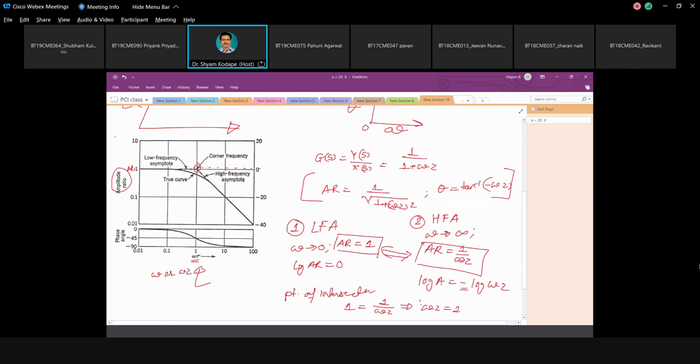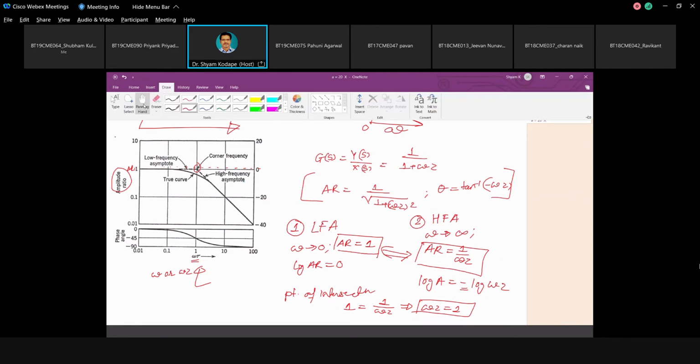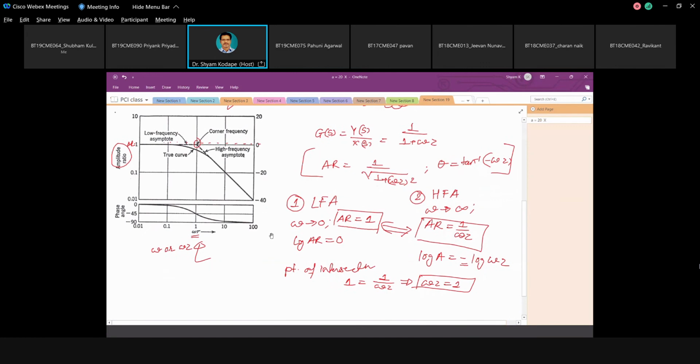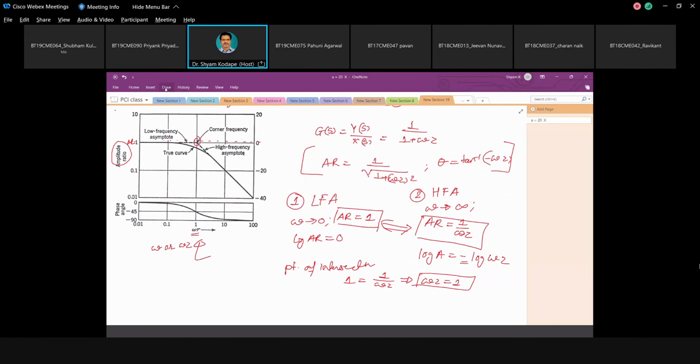The point where both asymptotes meet, and the frequency corresponding to that point, is called the corner frequency. Therefore, omega is equal to 1 upon tau, and this is called the corner frequency.